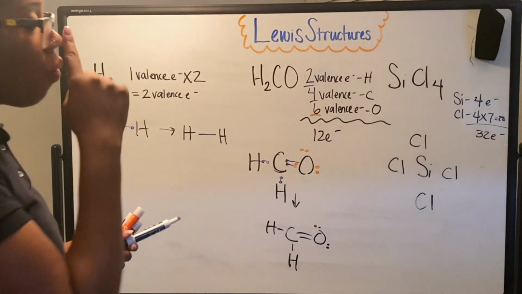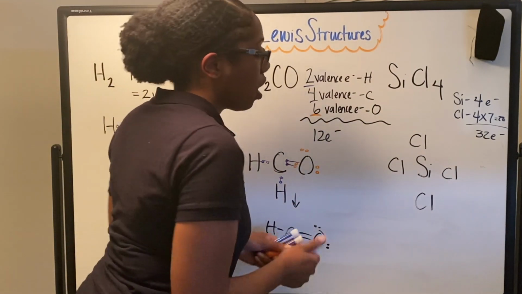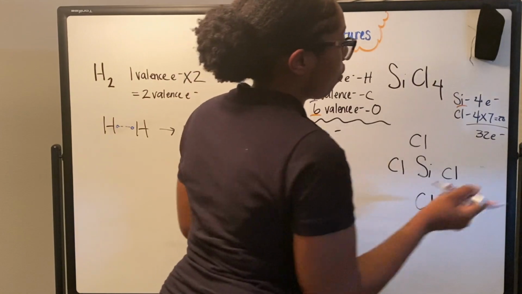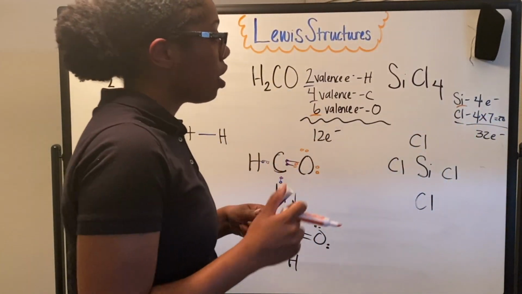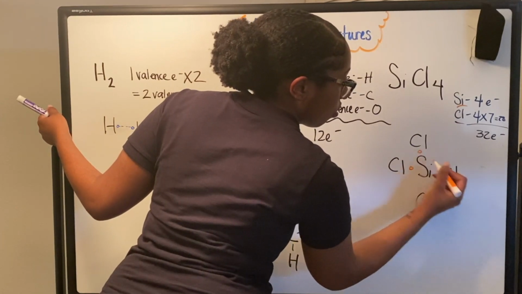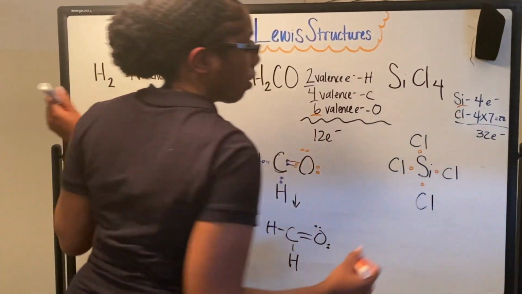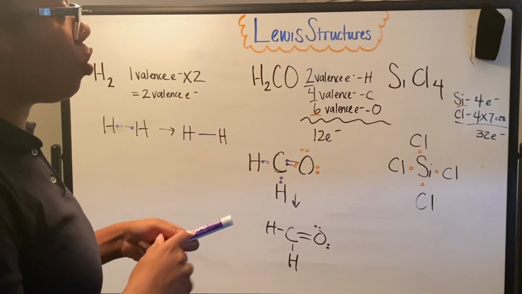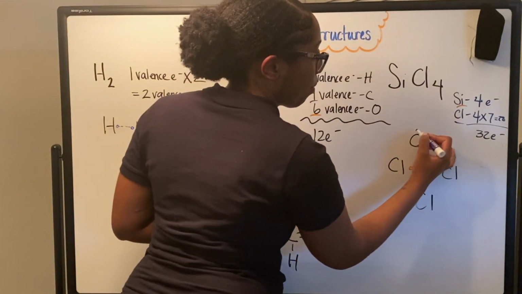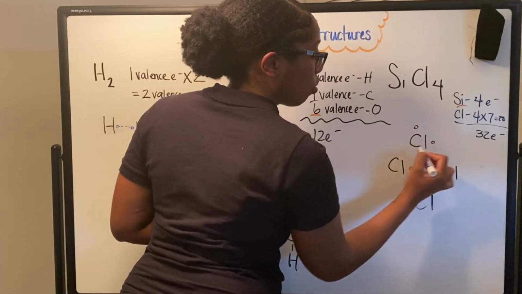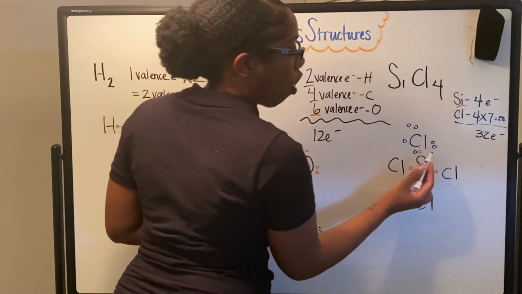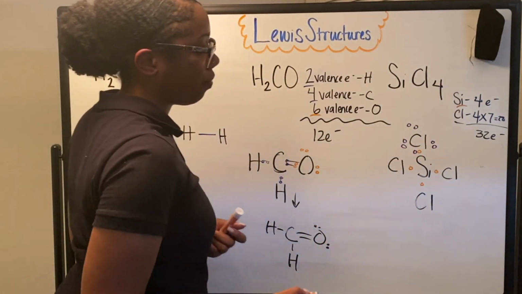Now when we get ready to draw it out, well, we know that silicon has 4. So we're going to put silicon in orange, and we're going to put chlorine in purple, okay? So silicon has 4. So that's 1, 2, 3, and 4. Now when we get ready to do each of the chlorine atoms, they each have 7. So let's do purple. So 1, 2, 3, 4, 5, 6, because you know you always want it to have 2. 7.